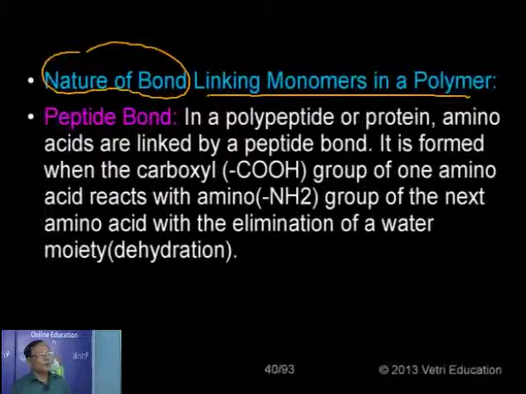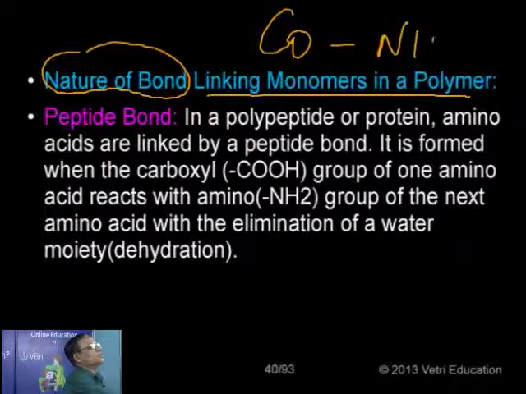A peptide bond is normally formed between the carboxyl group of one amino acid and the amino group of the adjacent amino acid. During the formation of the peptide bond, the CONH bond, a molecule of water is eliminated. So a peptide bond is formed between the amino group of one amino acid and the carboxyl group of another amino acid by a dehydration process.